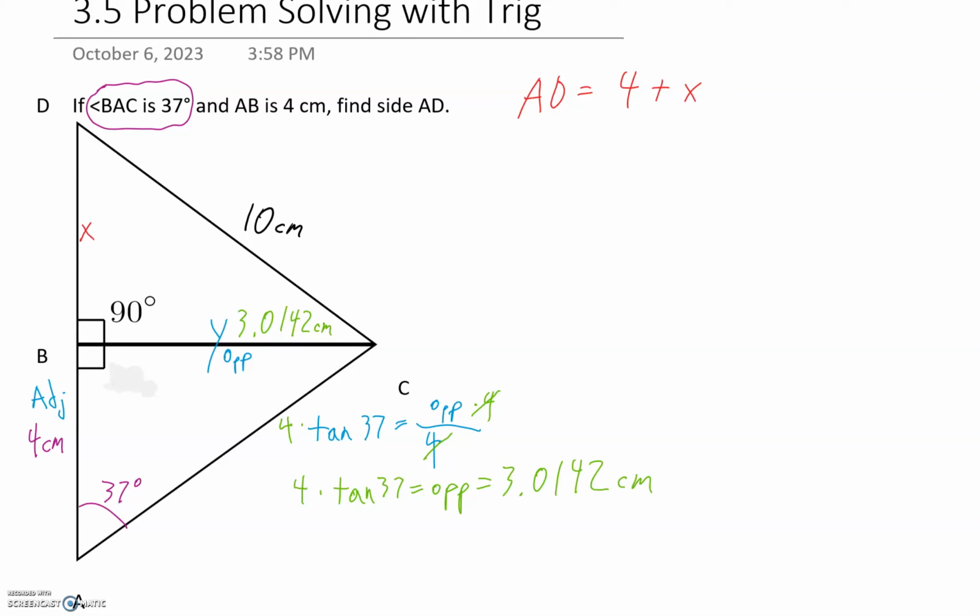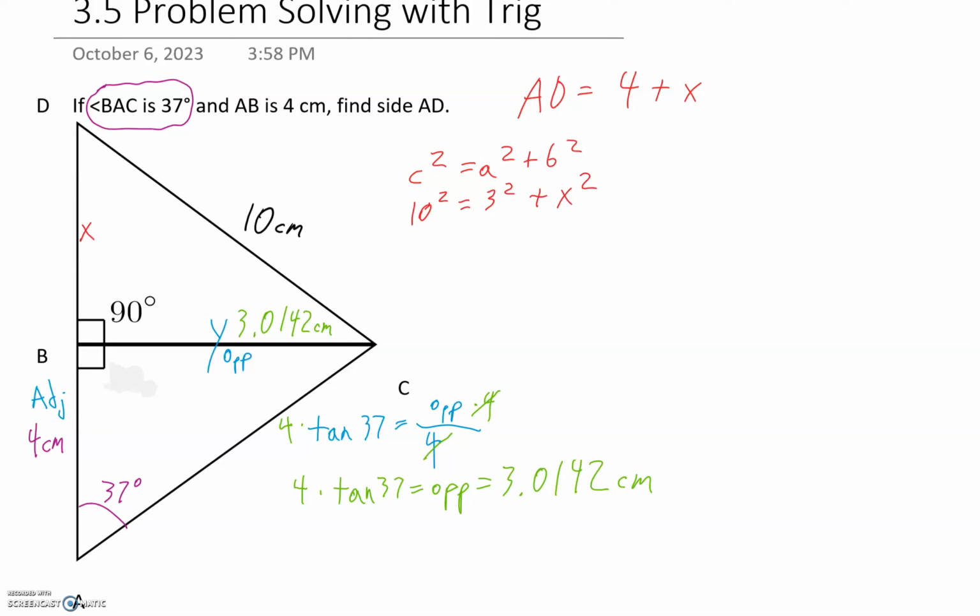Now, we don't have any angles to solve for x, so in this question, we are going to use the Pythagorean theorem. So c squared equals a squared plus b squared. But x is in the a position or b position, doesn't really matter. So 10 squared equals, I'm going to call it 3 for now, and we'll make sure we have all of those decimals in precisely later.